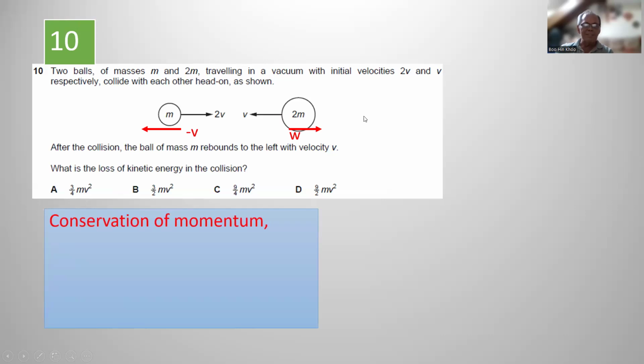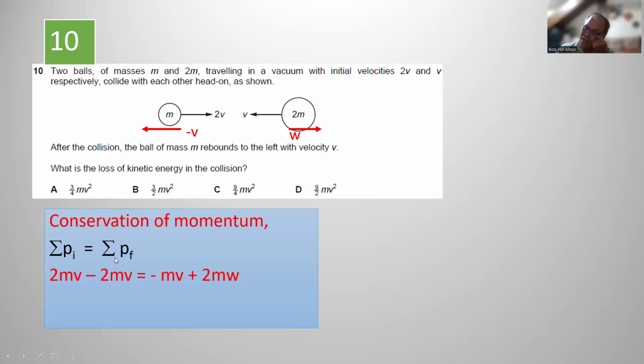So conservation of momentum. We want to find this velocity. The sum of momentum initially equals the sum of momentum finally. Initially it is m times 2v, and this one is negative, opposite direction, 2m times v.